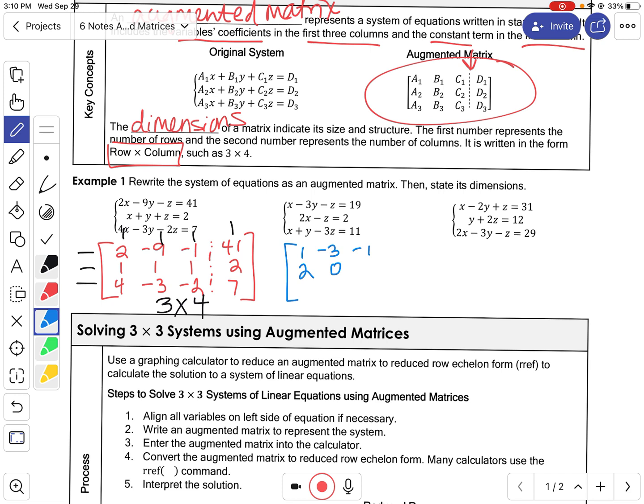Remember, x is the first column, y is your second column, and then z is your third column, which would be a -1. And then we have a 1, 1, and -3. You're just drawing a dotted line to put your constants, 19, 2, and 11. So again, there are 3 rows, 4 columns, so this is a 3 by 4.